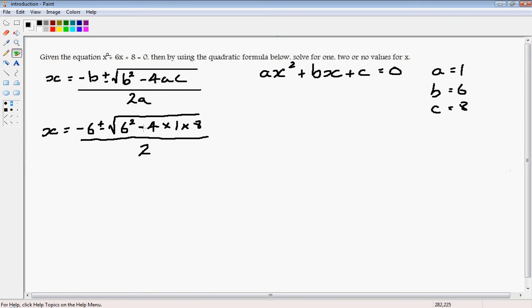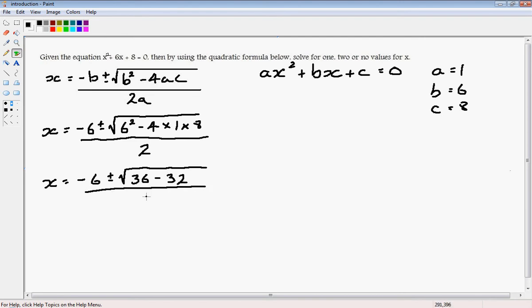Now we just concentrate on what's happening in the root. So x equals minus 6 plus or minus the root of 6 squared. Now 6 squared is 36. Now 4 times 1 is 4, and 4 eights are 32. So we subtract 32.